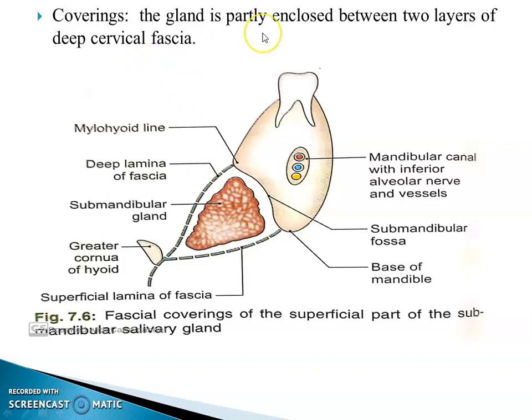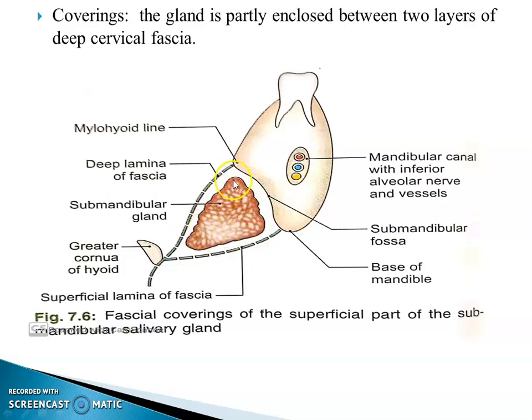Then what are the coverings present over the gland? The gland is partly enclosed between two layers of deep cervical fascia. This deep cervical fascia splits to enclose this gland. The superficial part has three surfaces: the inferior surface, the lateral surface, and the medial surface.